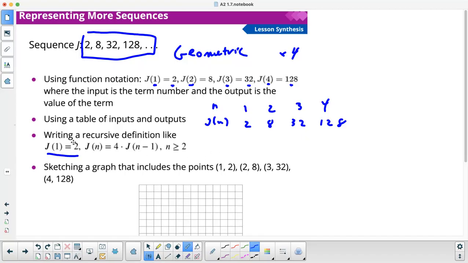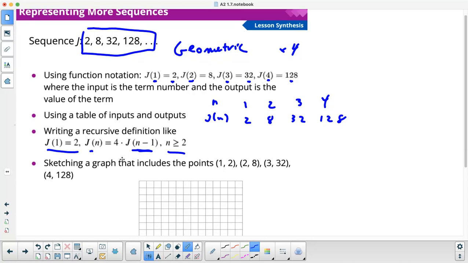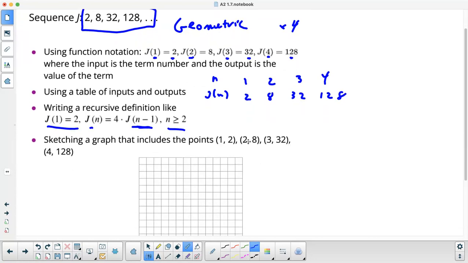J of 1 is 2. That means the first term's 2. And then to find the nth term, you take the previous term and times it by 4. So that tells me that's geometric. And n greater than or equal to 2 just tells us that we're going to count up from 1. And then they wrote these as ordered pairs here, (1, 2), (2, 8). Same info as up here, just written as ordered pairs.